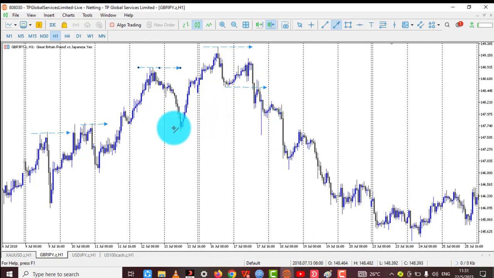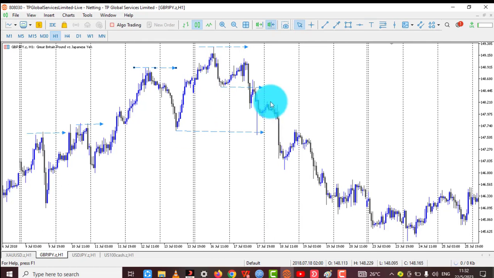Here is the impulse, breaking this major structure. Whenever price breaks a major structure, like this was a minor structure, this was the major structure. So this major lower high was broken. We're now looking for sells.